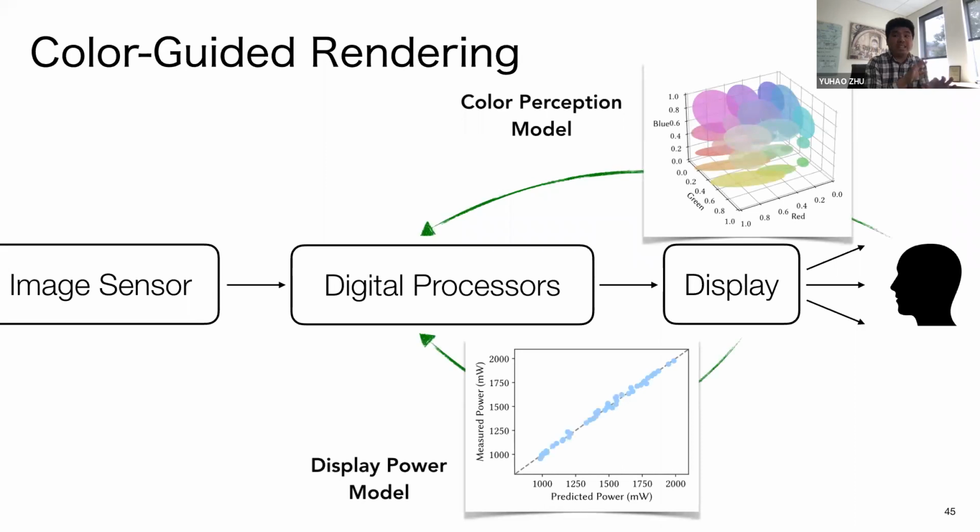We also built a display power model that tells us how much power each color consumes. Given these two, and then solving the convex optimization problem, we can generate a new frame for every frame, which gets shipped to the display and guarantees the same user experience but reduces the power consumption.